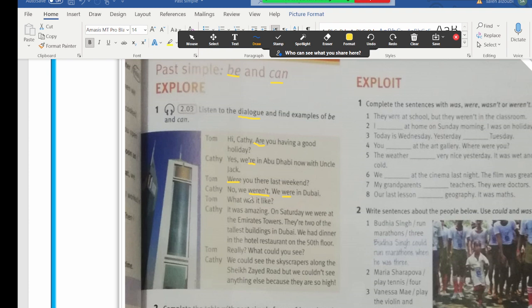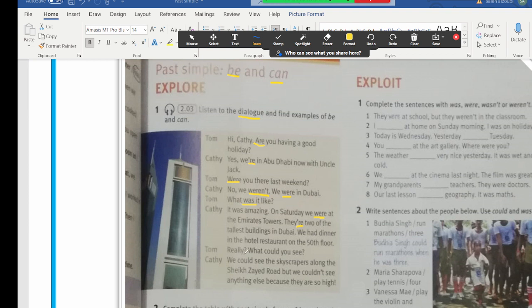Tom: What was it like? Kathy: It was amazing. On Saturday we were at the Emirates Towers. They are two of the tallest buildings in Dubai. We had dinner in the hotel restaurant on the 50th floor.